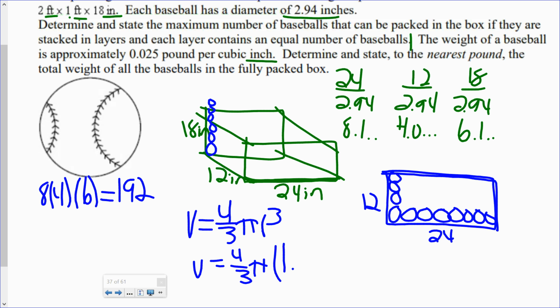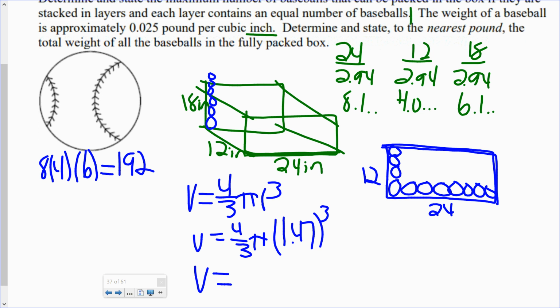I'm just dividing the diameter by 2. Cubed. That's giving me 13.3 cubic inches.